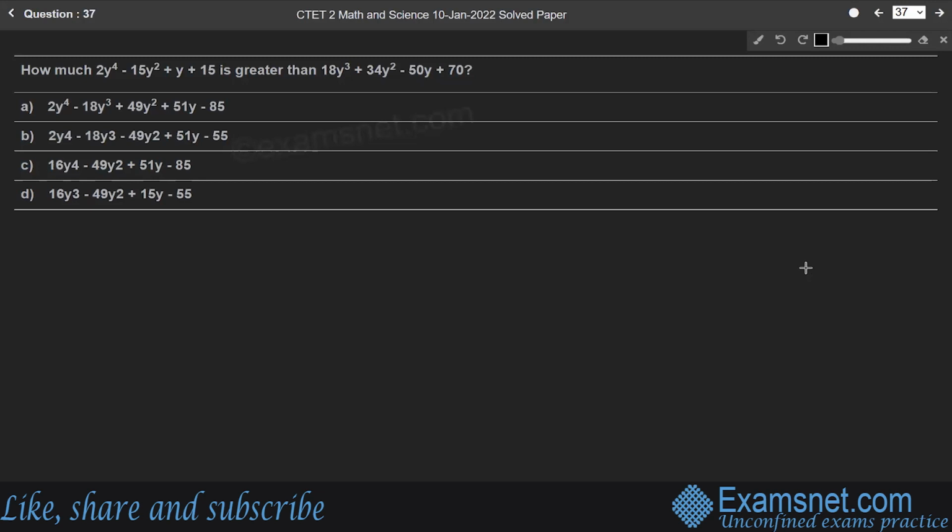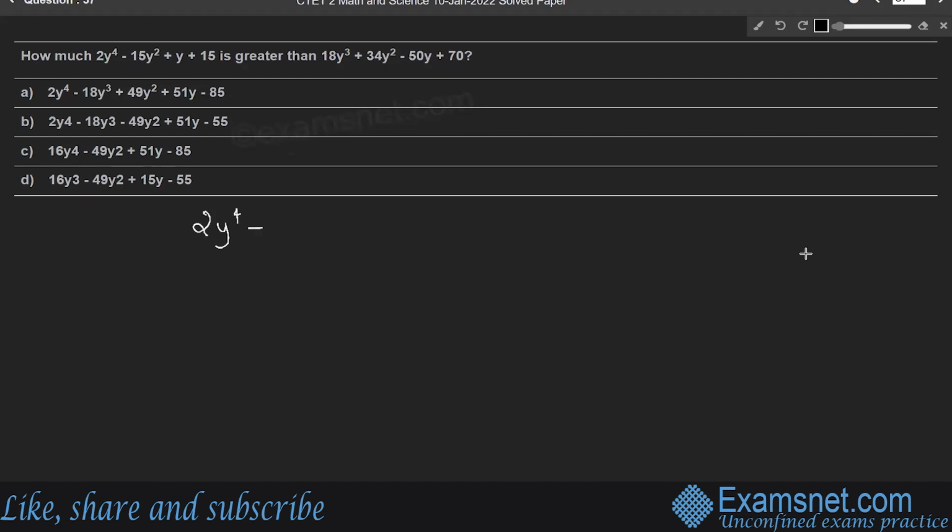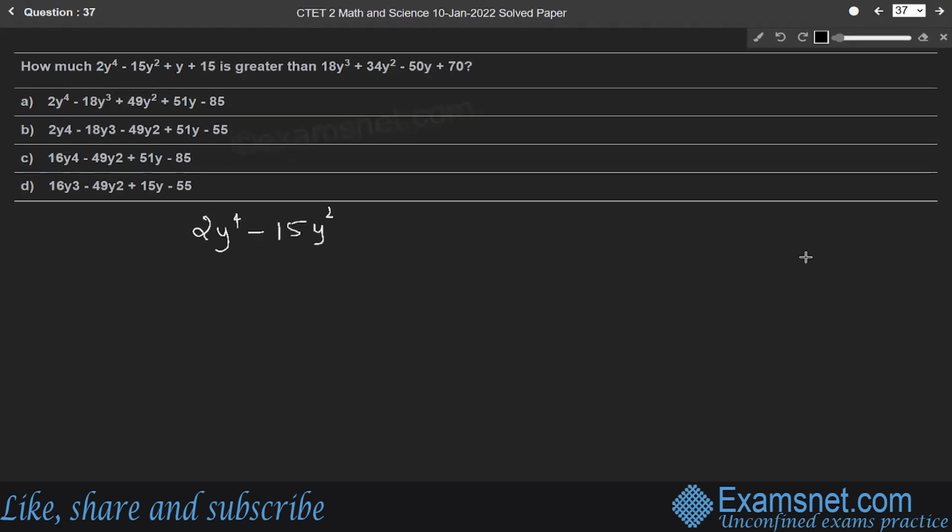Question 37. How much is 2y to the power of 4 minus 15y square plus y plus 15 greater than 18y cube plus 34y square minus 50y plus 70? So here, subtract the coefficients of same power variables. That is 2y to the power of 4 minus 15y square plus y plus 15 minus 18y cube plus 34y square minus 50y plus 70.